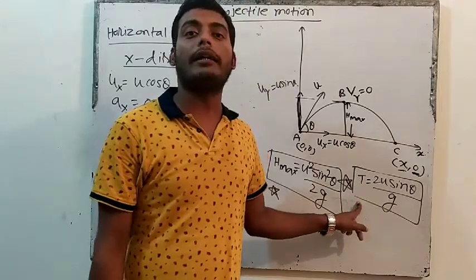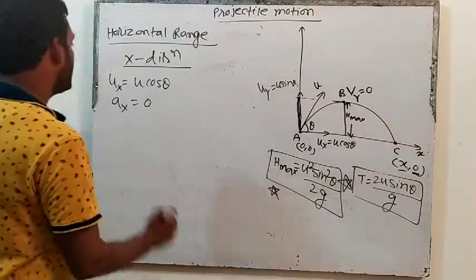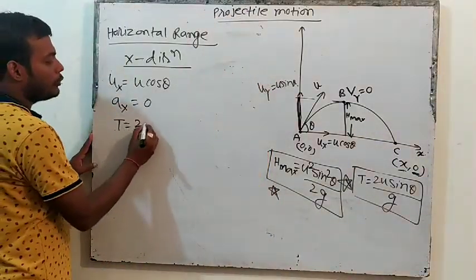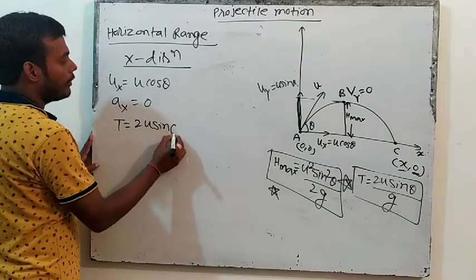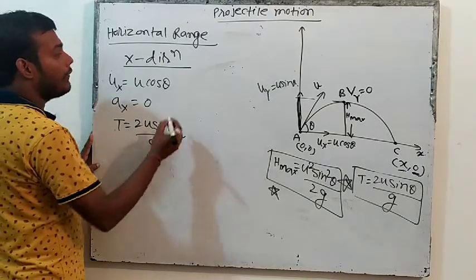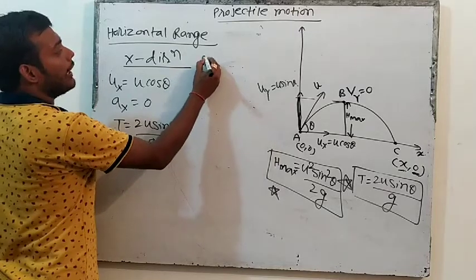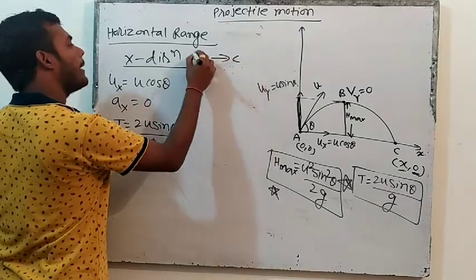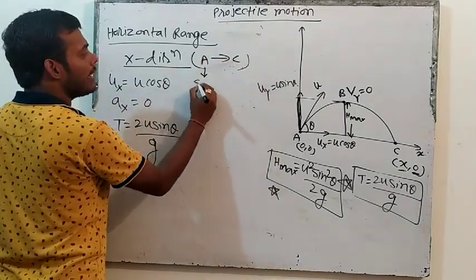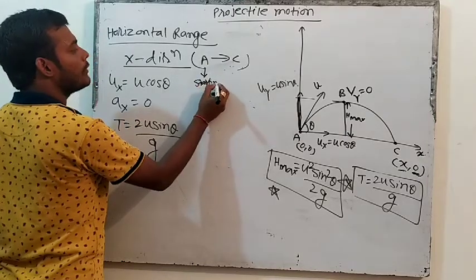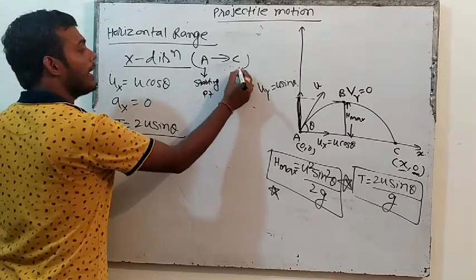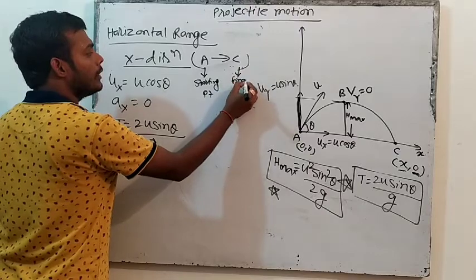And what is the equation of that? 2u sin theta by g. So the total time will be 2u sin theta by g. I will apply this equation from where to where? A to C. A is my starting point and C is my final point.